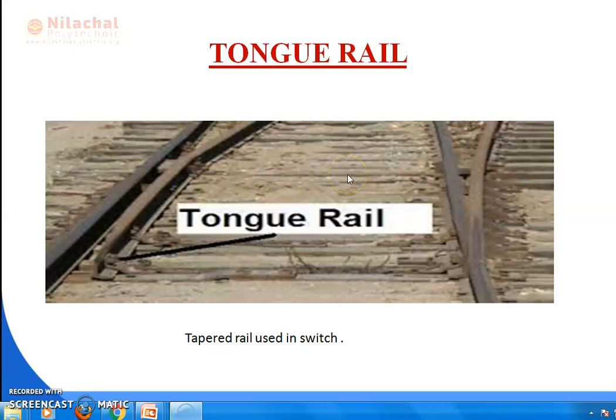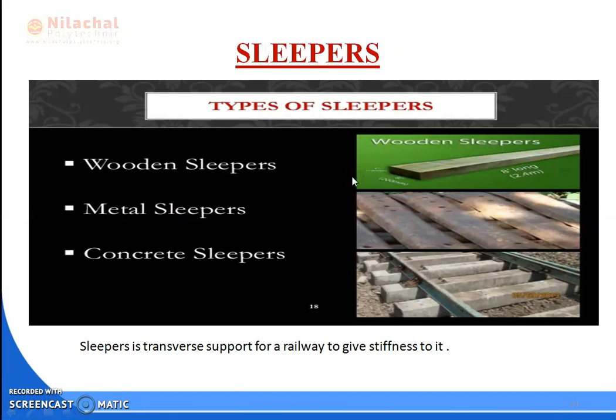Okay. So next one is the slipper. Slipper is the main component of your track. Why? Because the two rail lines are placed above the slipper, and the load of the train which is applied on the rail will move to the slipper, and the slipper transfers the load to the ballast, and it will transfer to the ground surface.